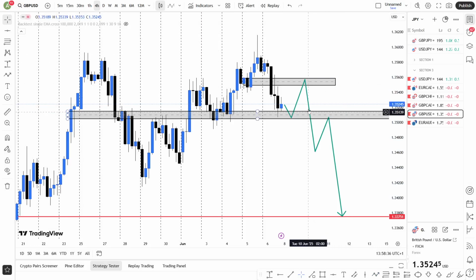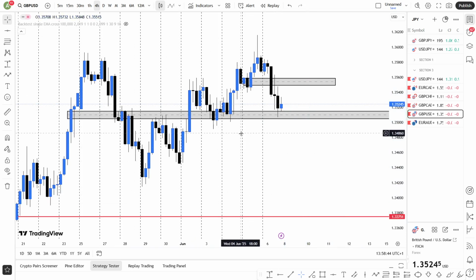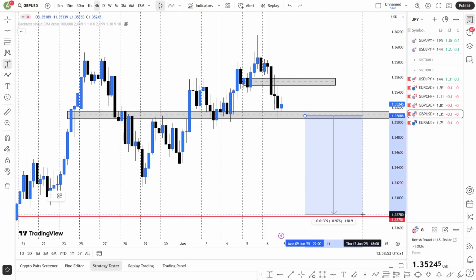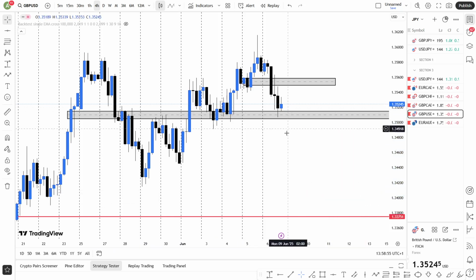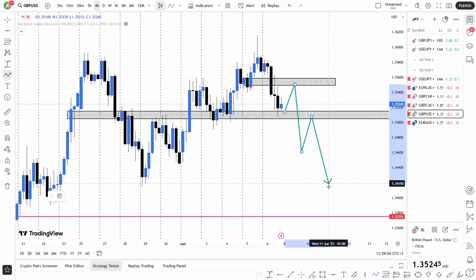But if we don't see a break in this nine here, price might give a continuation to the downside. But high probability, once price breaks this low, our main target is this point. We can still see maybe 100 pips here. So that's the expectation for next week on GBPUSD. I'm looking for something like this, then this is the main target.